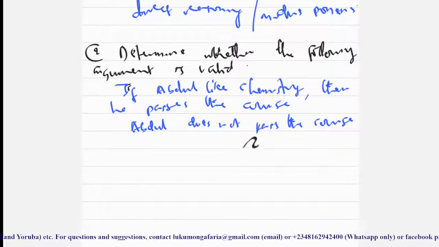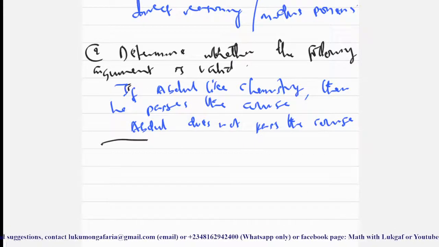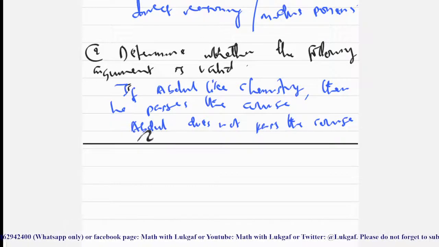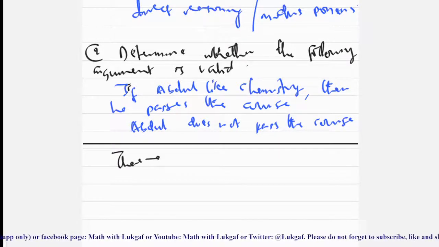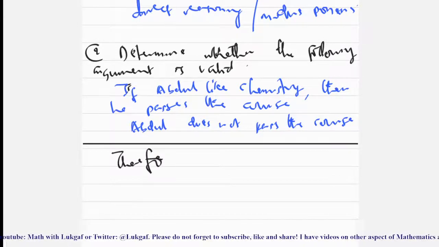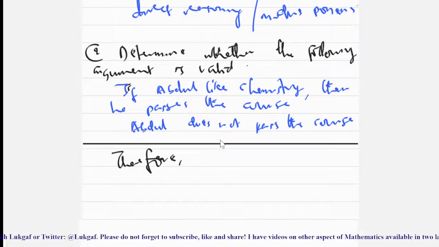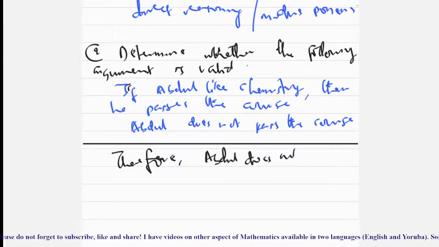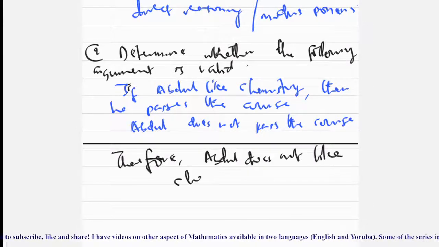Recall I told you the moment you have a line drawn, it means your premises are done. So what you have left there is your conclusion. And your conclusion here is: therefore, Abdul does not like chemistry.